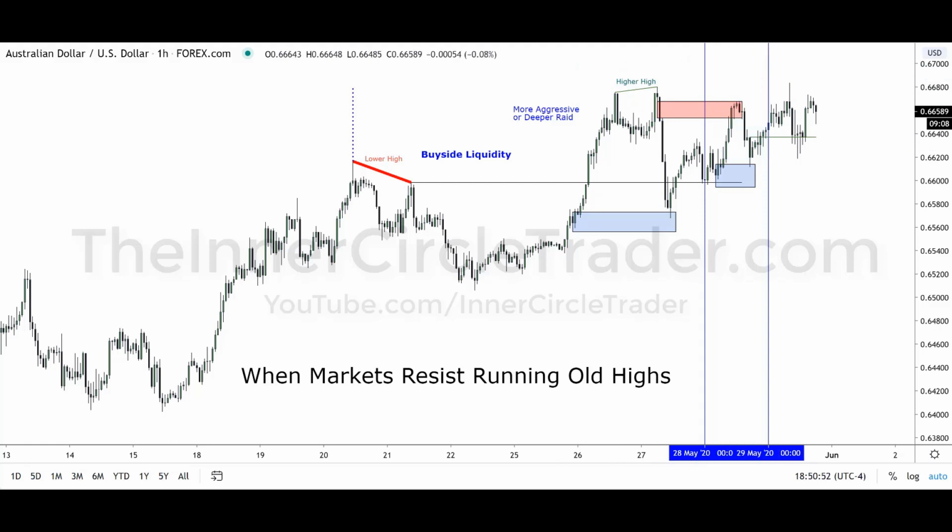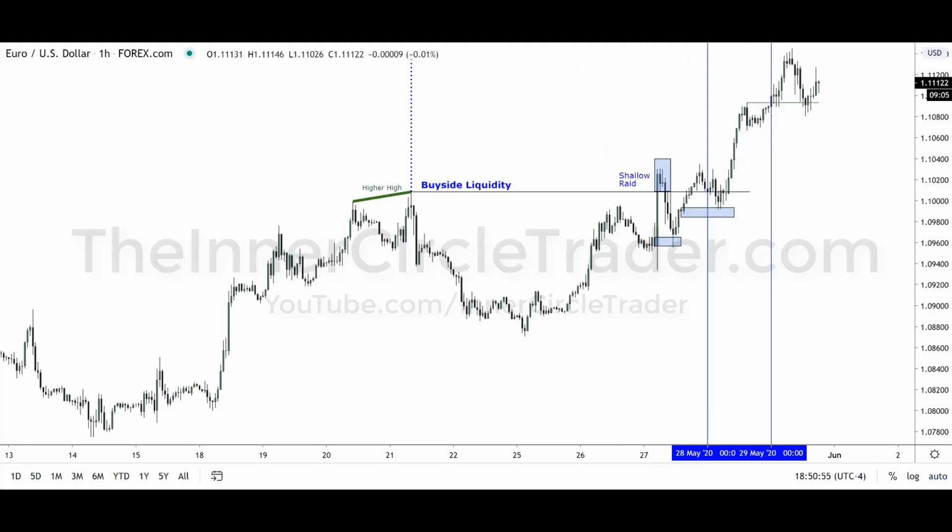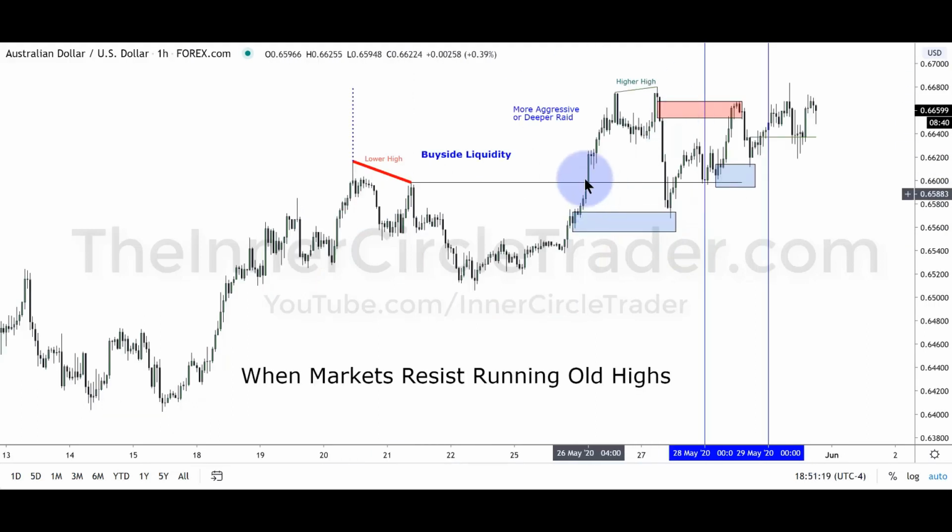Whereas you don't need to see that happen in the euro, because the euro didn't move to such a degree that it was at a very high premium. It just went above a previous high, shallow, and then retraced back down to a bullish order block, optimal trade entry, and it runs. This shallow run above the old high here is much less than all of this price action above here.